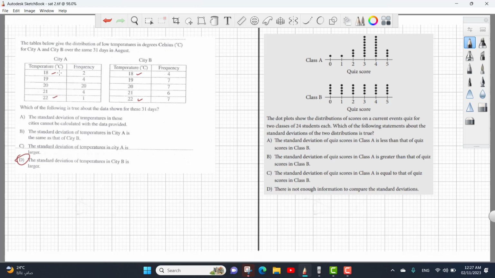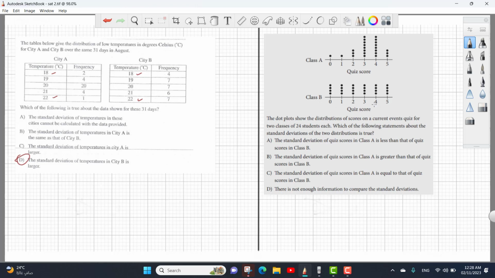If you want, you can enter city A on the calculator, calculate its standard deviation, then city B, calculate its standard deviation, and get the answer, but that will take time. It's so obvious. You can just look at the table. At the sides we have more frequency, more values, so the standard deviation will be bigger.